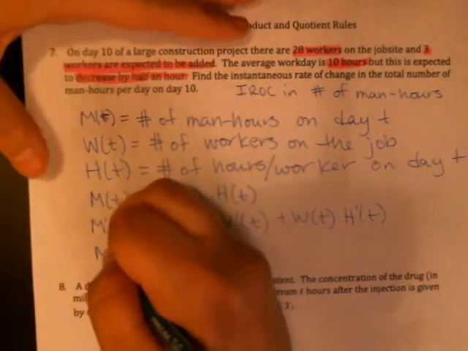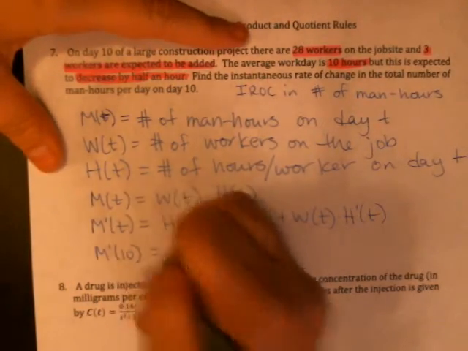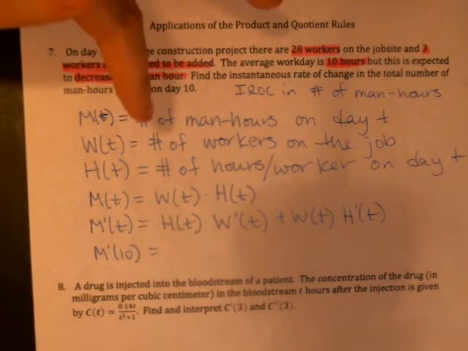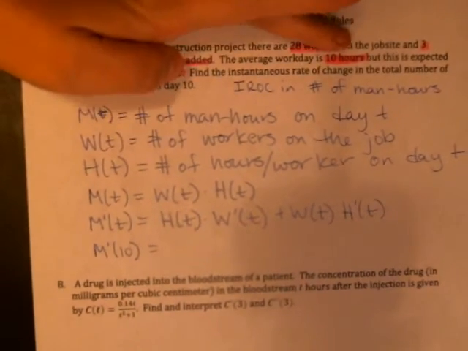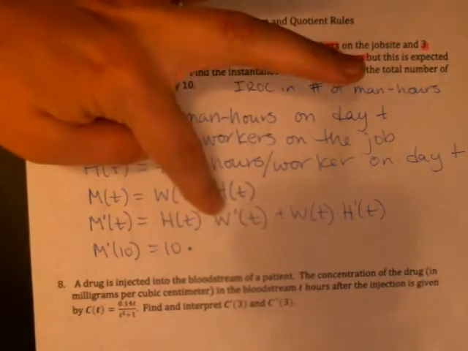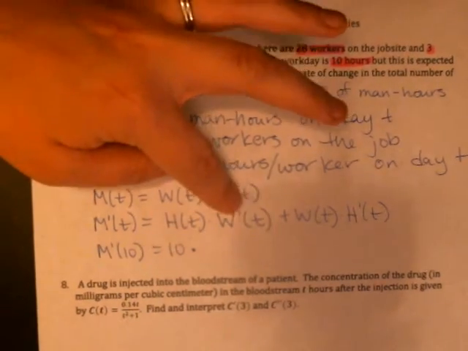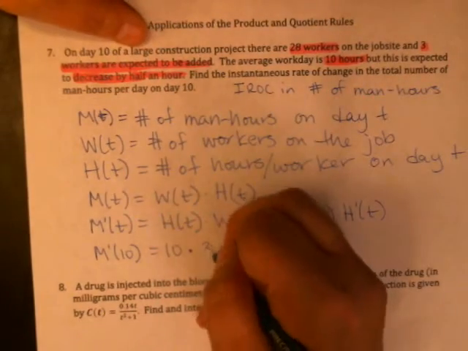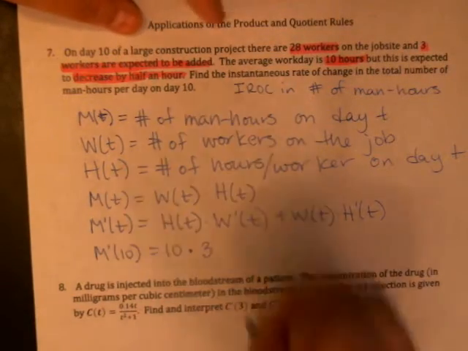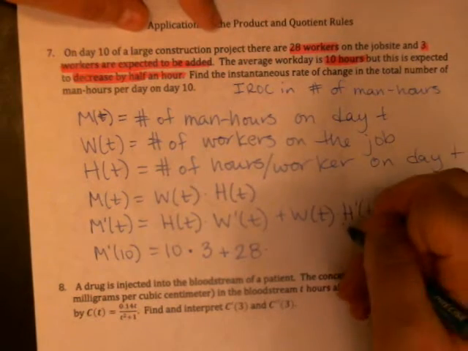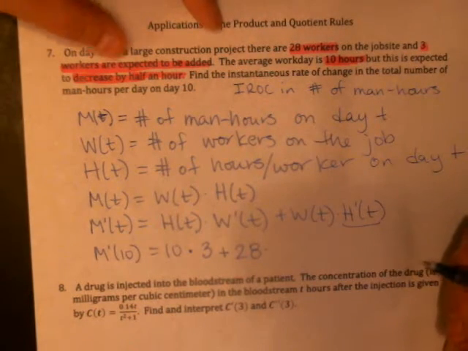So if we want M prime of 10, we would say, okay, H of 10, that should be the number of hours per worker on day 10, and that was actually 10 hours per worker, 10 hour days. And then this W prime is how fast the number of workers is changing. So we said that it was expected to have 3 workers added. And then we need the number of workers, 28, multiplied by the rate of change in the hours.